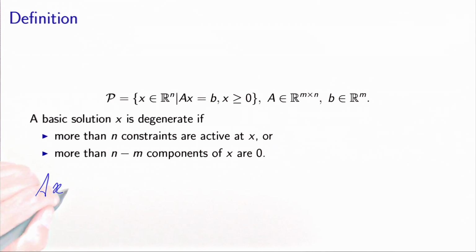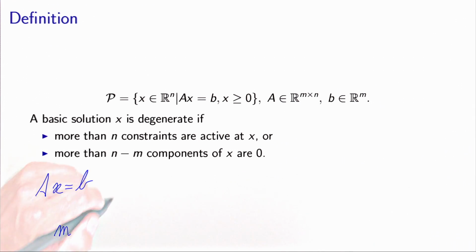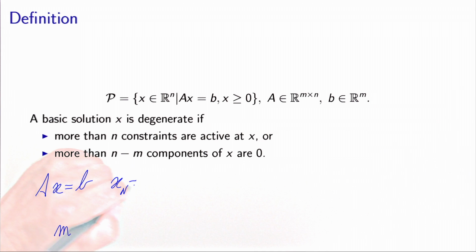You have the equality constraint, so you have m constraints which are active, and you have also activated the non-basic variables, that they are all set to 0. We have n minus m of them. So the total number of constraints that are active by design is equal to n.